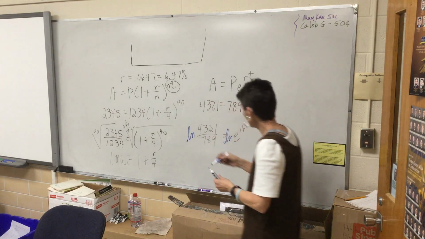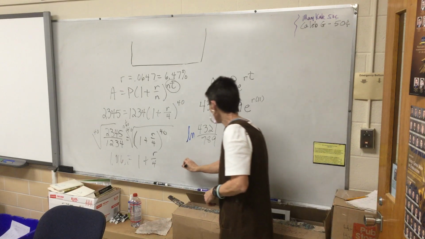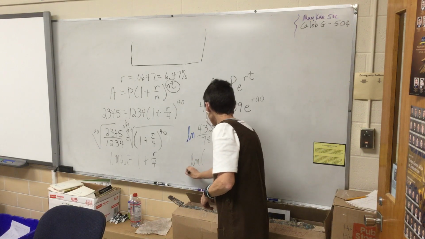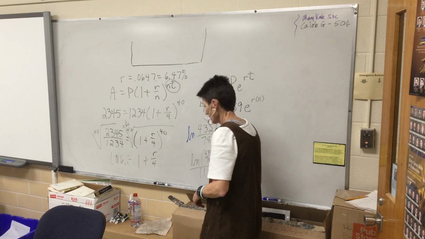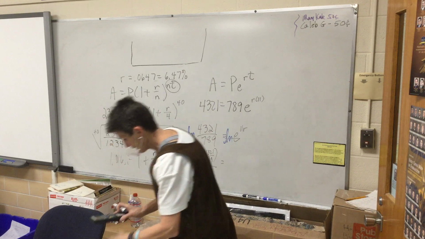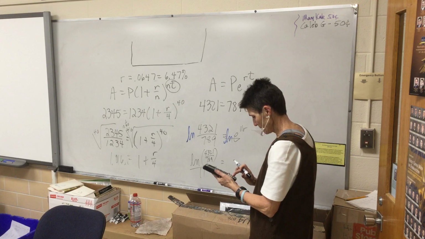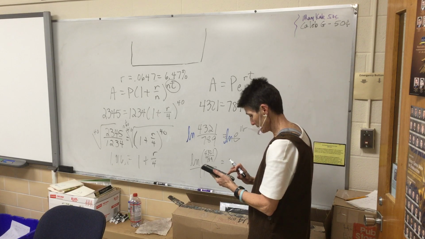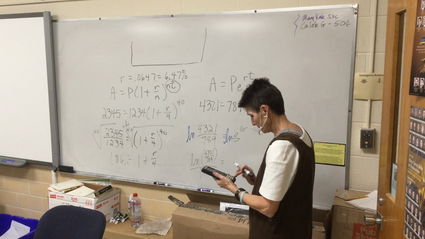Once you get that number divided, because then you're right up here against the e, so we're just going to have ln of this fraction divided by 11. Boy, that's easy compared to the last one. ln 4321 divided by 789, divided by 11.